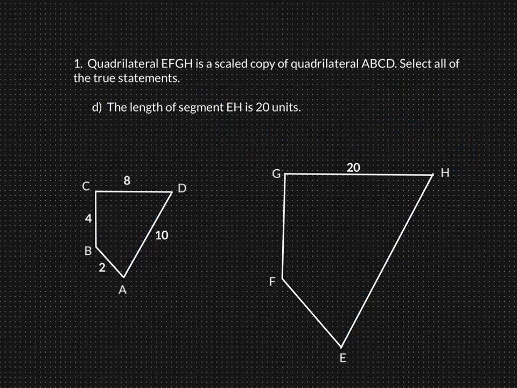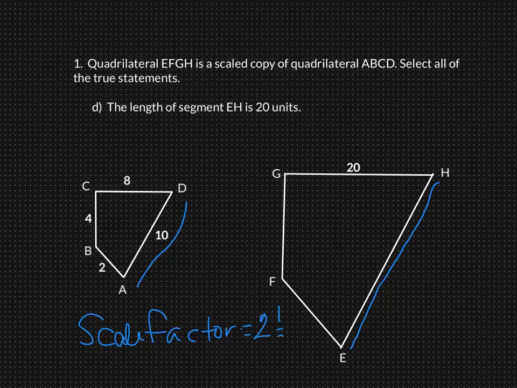Now, the length of EH, which is here, is 20 units. So that means the length of this times our scale factor. We know that our scale factor is 2.5. So that means we're taking 10, multiplying it by 2.5, and we're expecting to get 20.